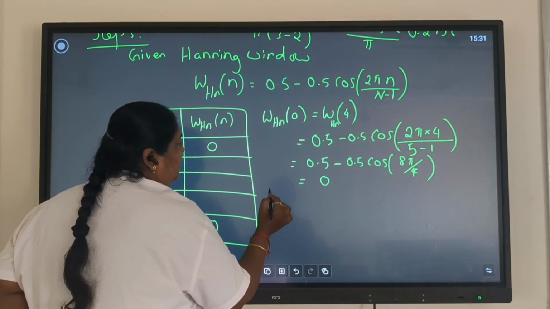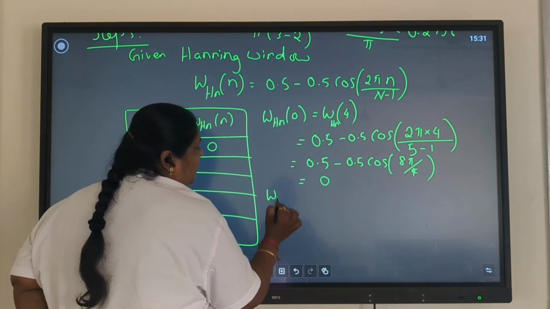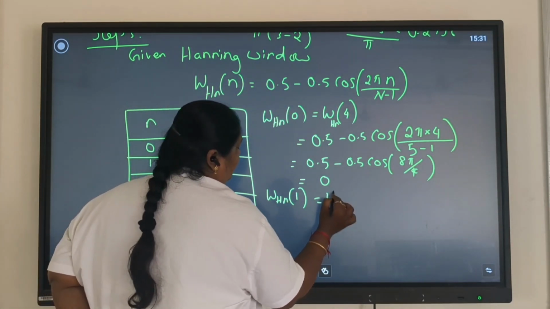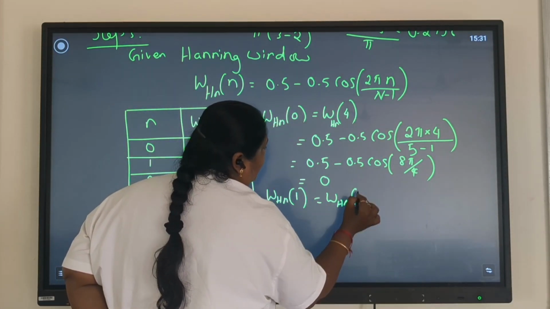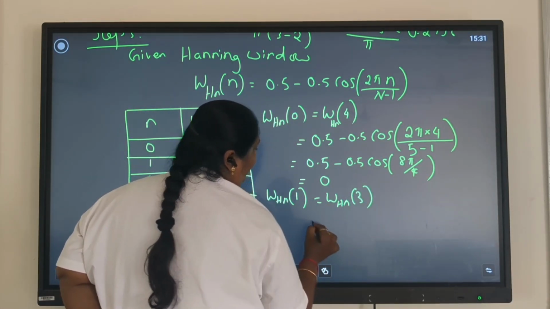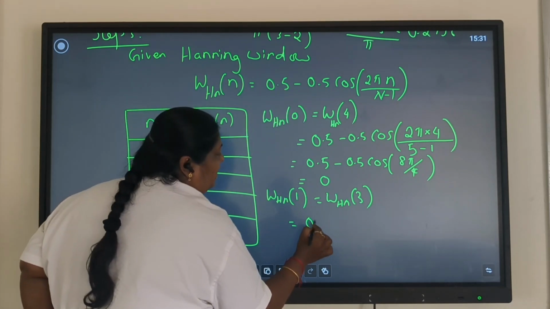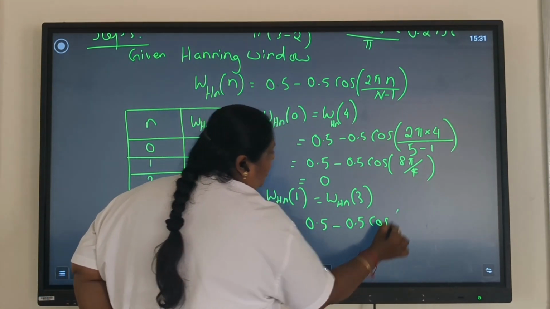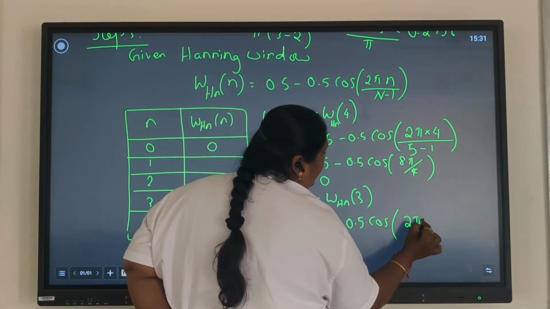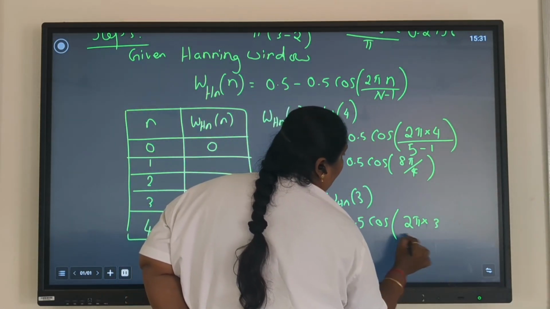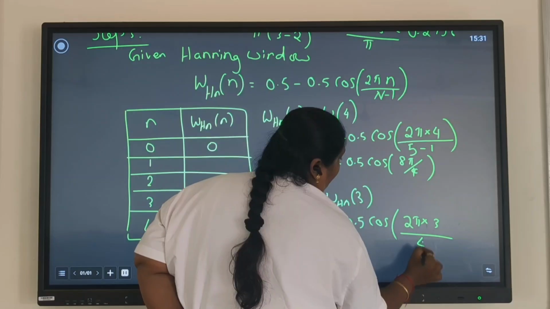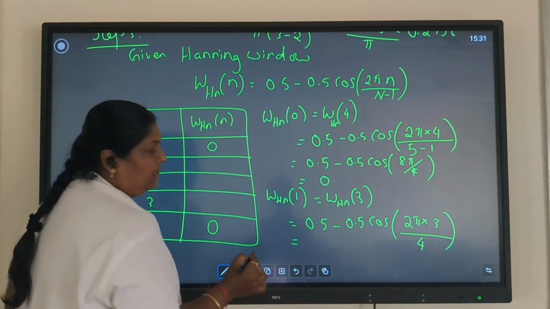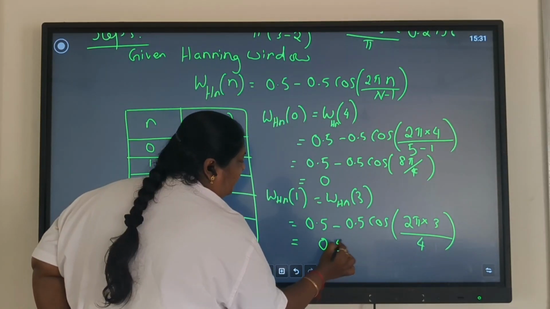Next, similarly, you substitute small n equal to 1, that is W Hn of 1, which equals W Hn of 3. So it is 0.5 minus 0.5 cos of 2 pi into 3 divided by 4. The value using calculator I am getting as 0.5.